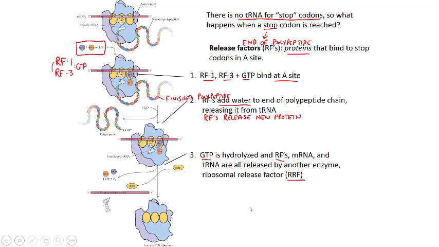This is complicated. We're not going to get into details about how it works. RRF breaks the complex apart. So to summarize, RF1 and RF3 bind at the A site.